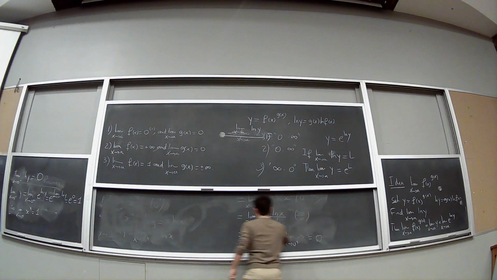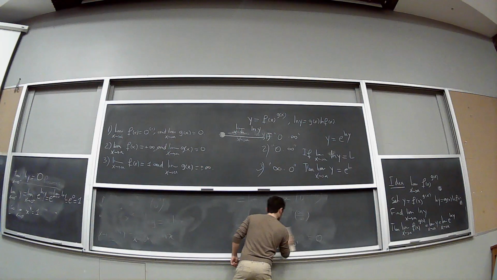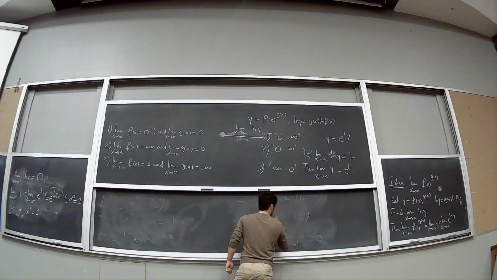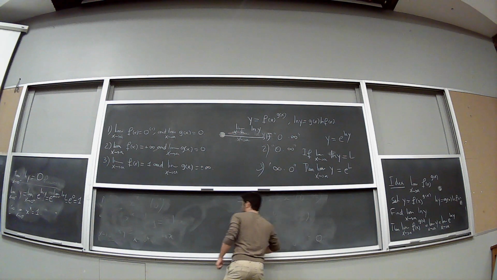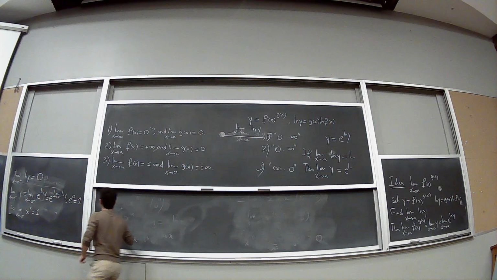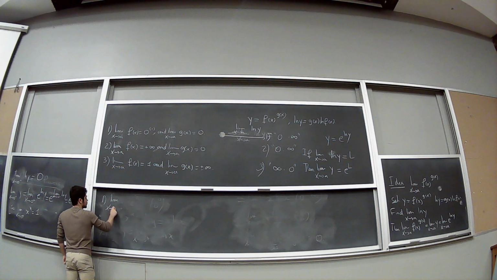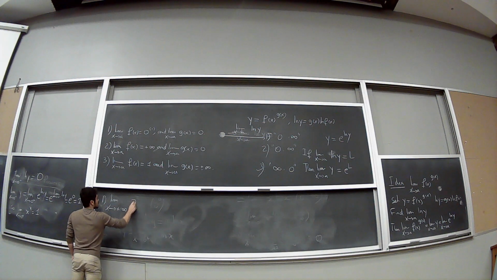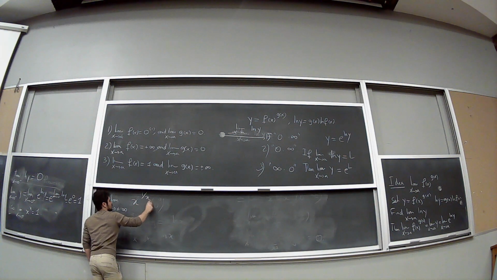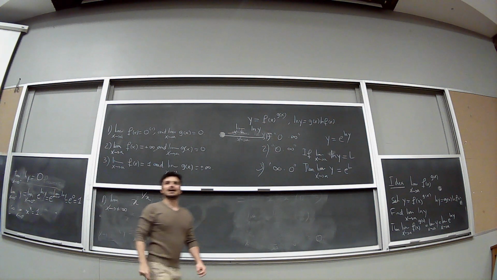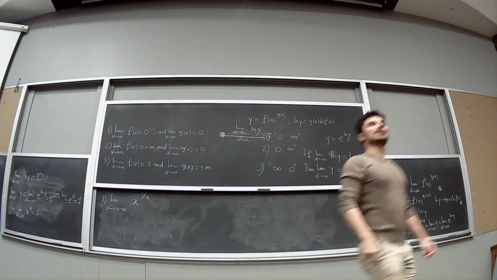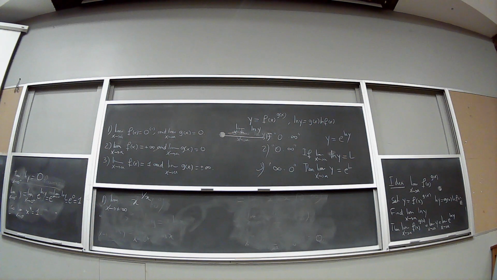Okay, so we've had this thing. So find the limit as x goes to plus infinity of x to the 1 over x. I don't think it's going to be that different. I'll change the numbers later.